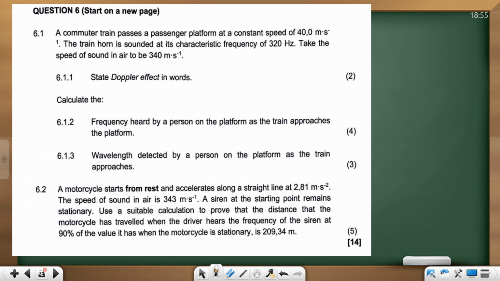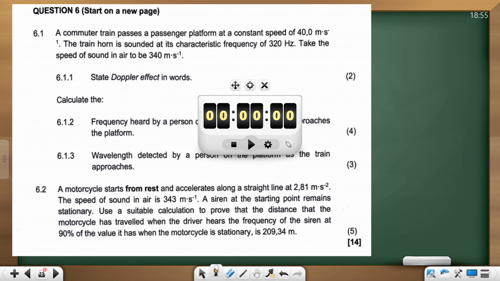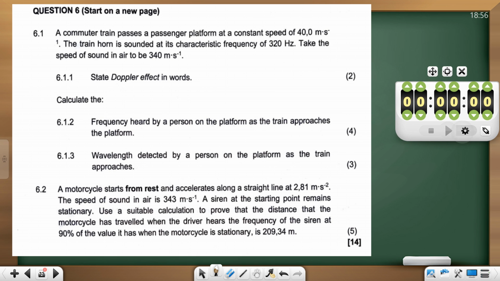Oh, Doppler. Let's get this 14 marks. And we are going to give ourselves 12 minutes. All right, 12 minutes. It's definitely kicking us out.